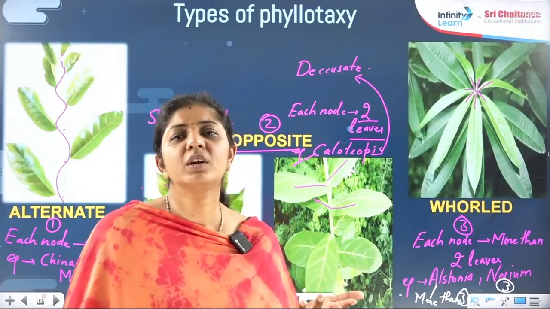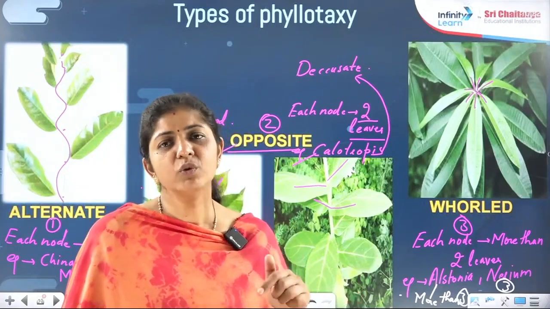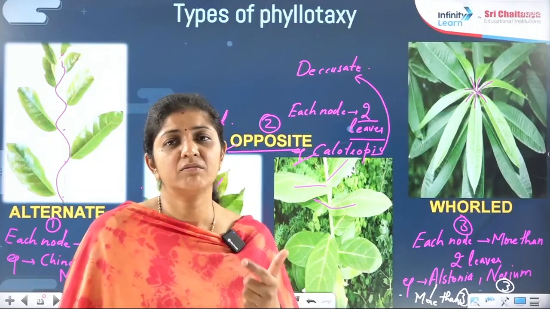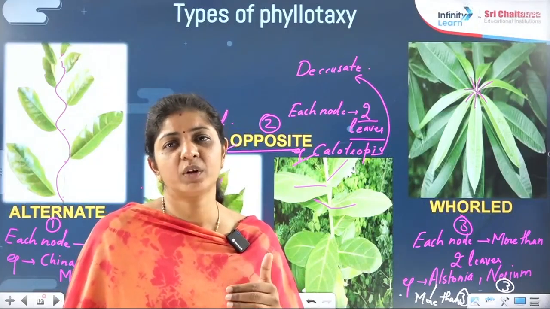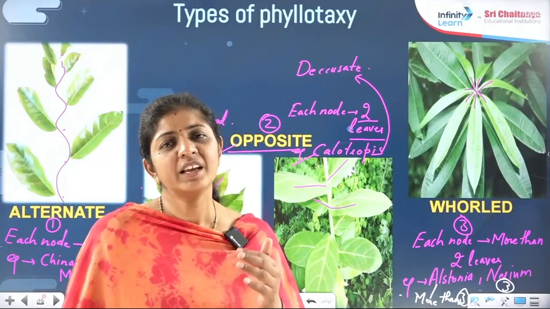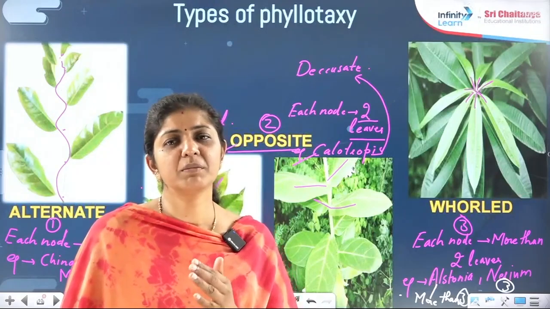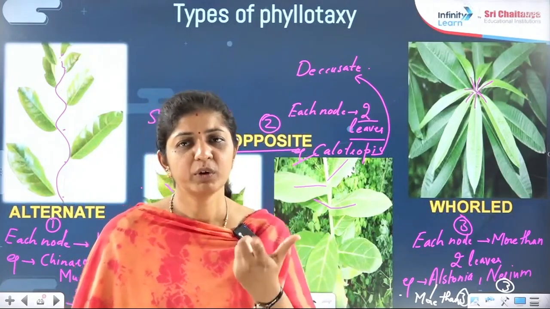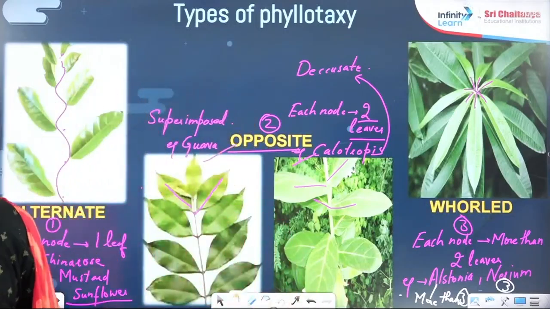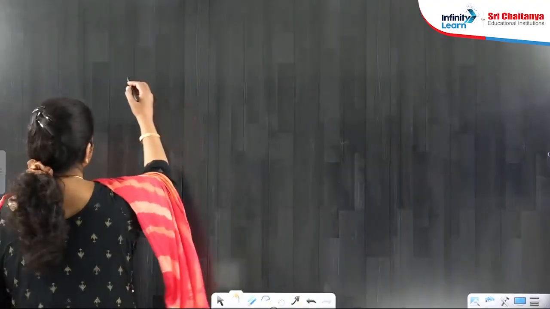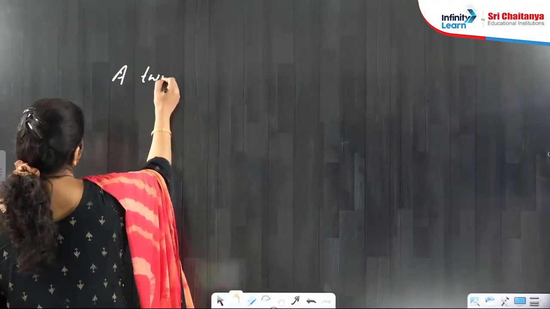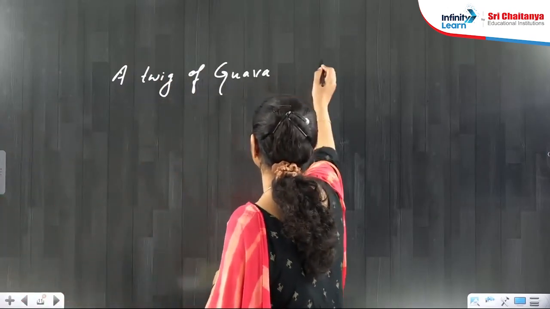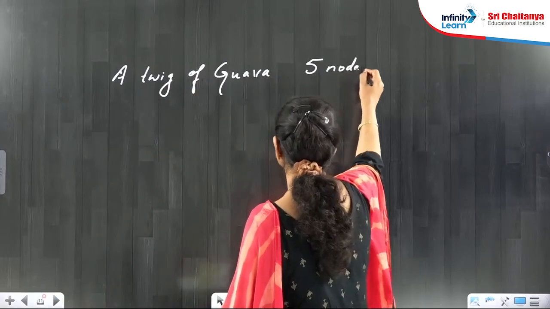Now calculate the total number of leaves. If you know, in which type of phyllotaxy, how many leaves are there at each node, then you multiply by the number of nodes and take the total. Let me give you one example. I am writing on the board for you. For example, a twig of guava which contains 5 nodes, right?